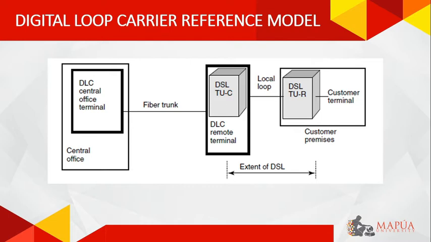The link between the CO and the DLC-RT is usually optical fiber. Alternatively, distant areas may also be served via DSL-AM located at a remote site. Sometimes the DSL-AM may be located within a building having many customers.